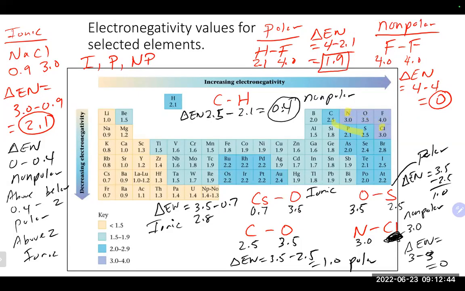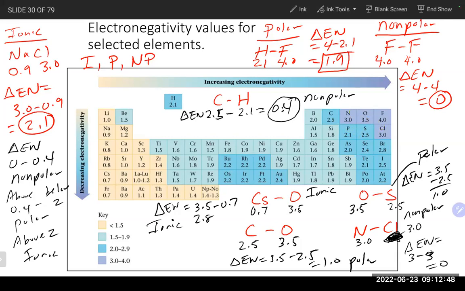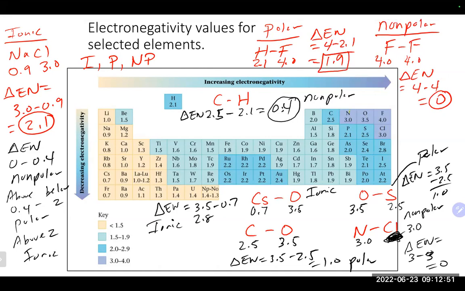Now, there are certain situations where you do not really need the numbers. For example, the one that we did here, carbon and oxygen, are on the same period. Because they are on the same period, oxygen is further to the right, which means it should be more electronegative, just using the general trend of electronegativity.